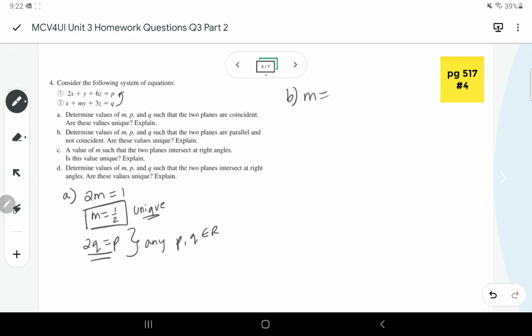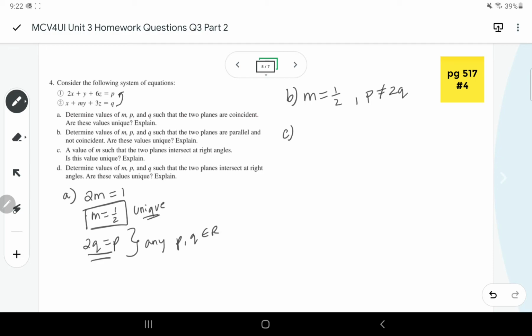So we'd have m is 1/2 and p is not equal to double the q value. So it's not unique. Any one where m is 1/2, that has to be set, but the p value is not double the q value, would be parallel and not coincident. Okay.